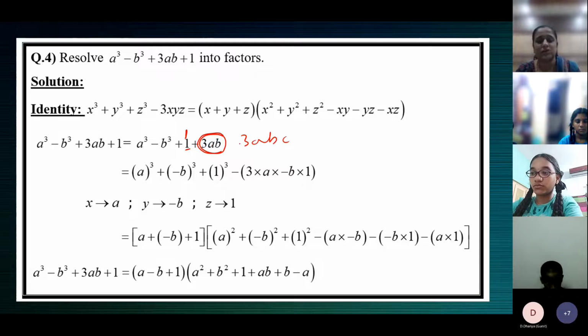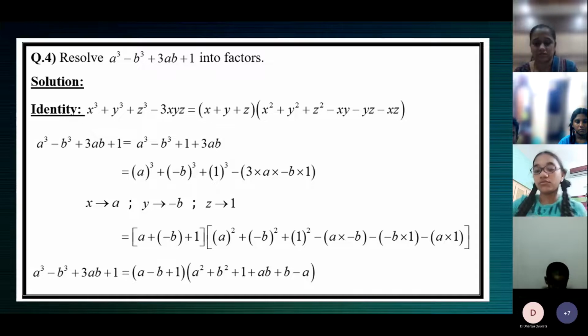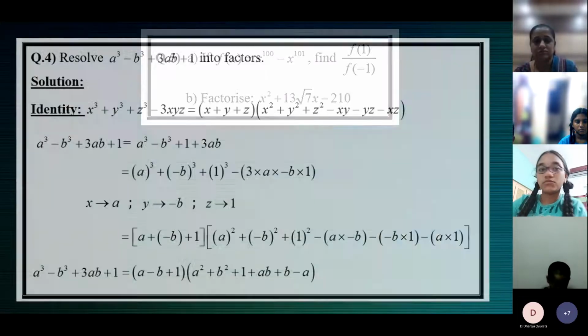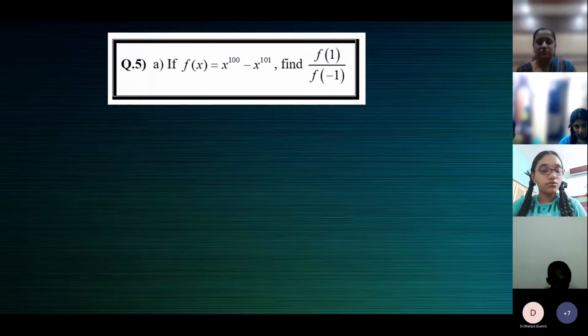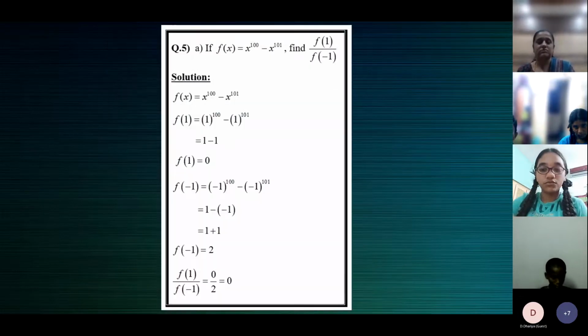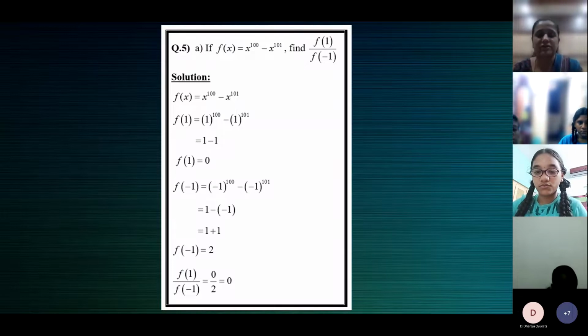So 3abc, you will not find the c term. ab is there. But since c is a constant, c cubed is 1 cubed. That's why it's just 3ab. I have nothing to explain in this. Please work this.